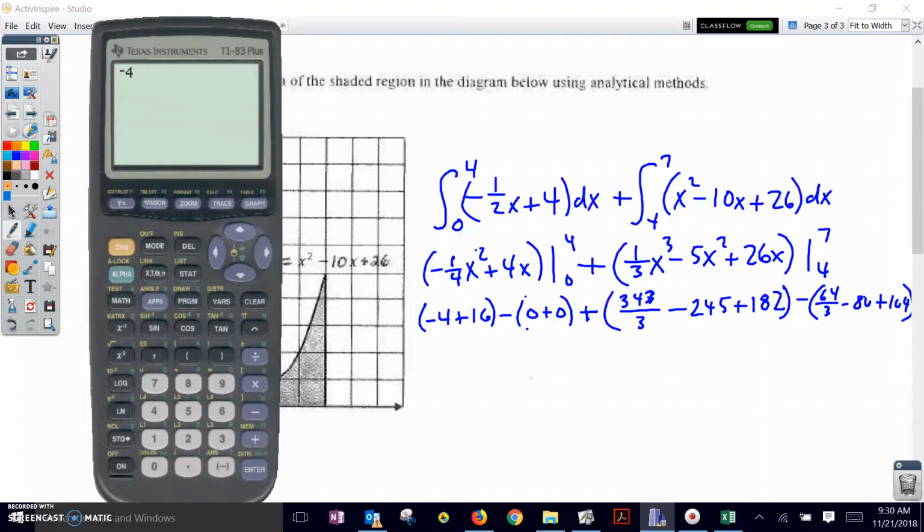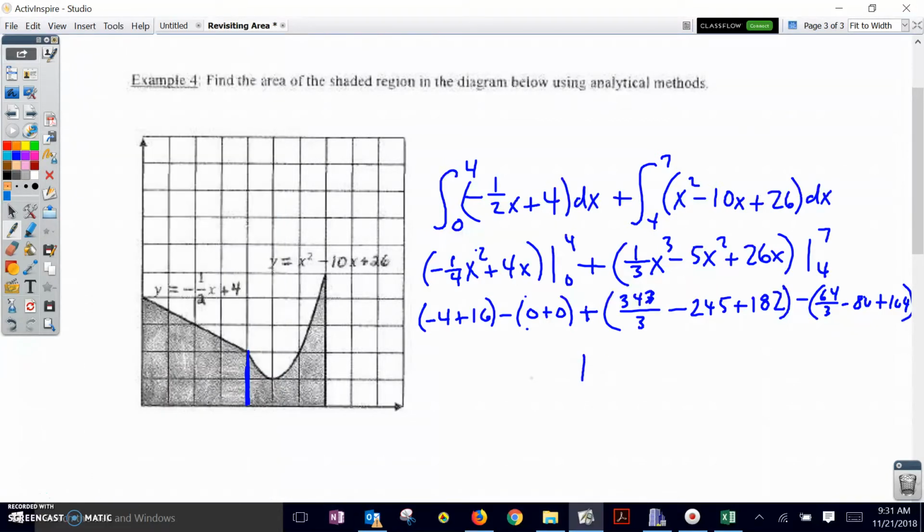I've got negative 4 plus 16 plus 343 over 3 minus 245 plus 182 minus 64 thirds plus 80 minus 104.